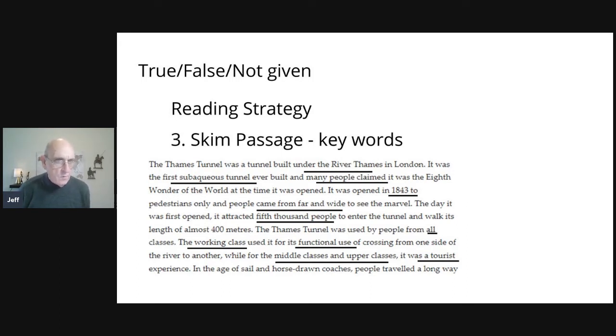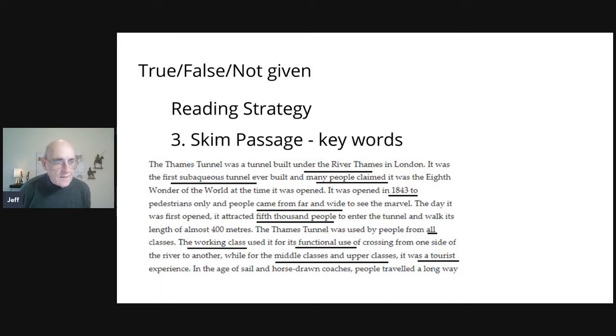What's most important is that adjective, first. If I took out the word subaqueous, it would just be first tunnel. And I remember in the questions, I did underline first tunnel. So now I know I'm really on the right track for finding the answers to my questions.